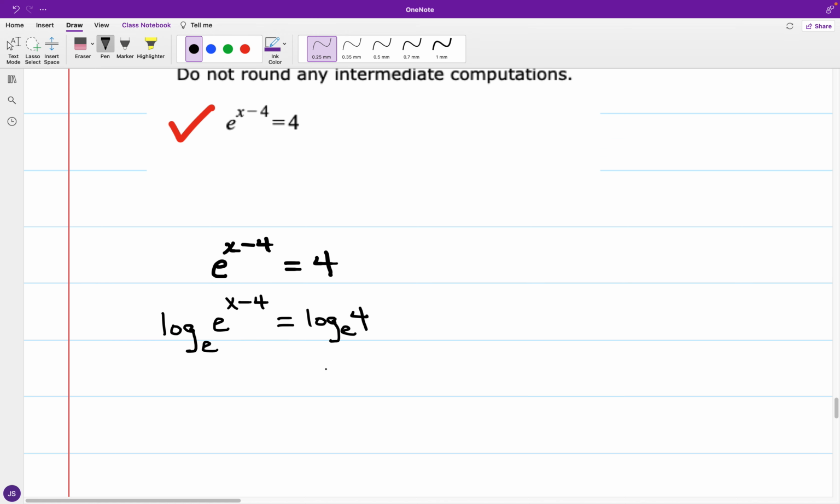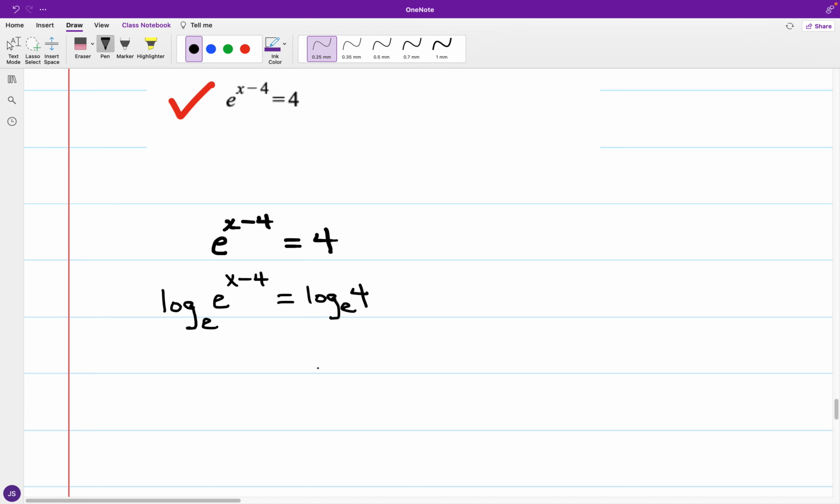So for what we have on the left, you're going to have the base e go out. So this will become x minus 4 is equal to the base e logarithm of 4. And again, a base e logarithm of 4 is going to be a natural logarithm.